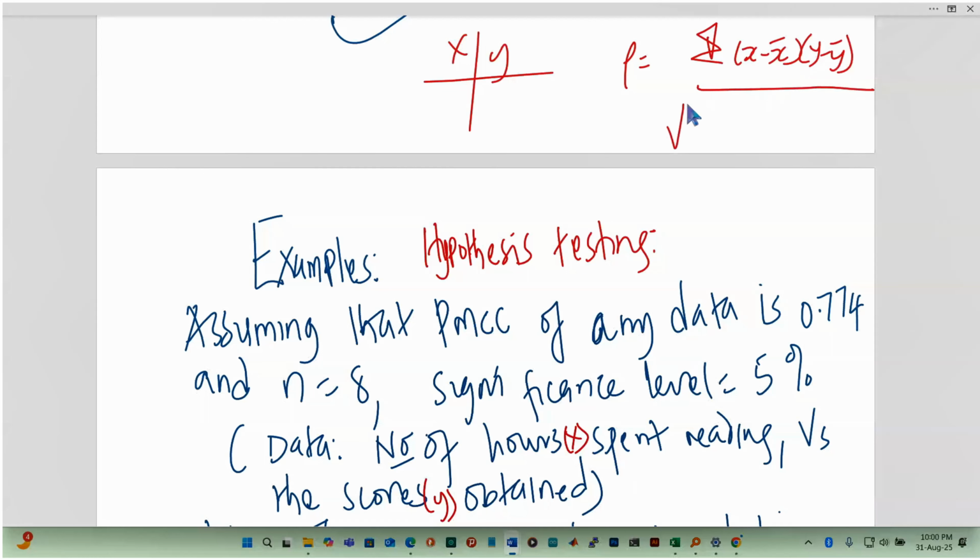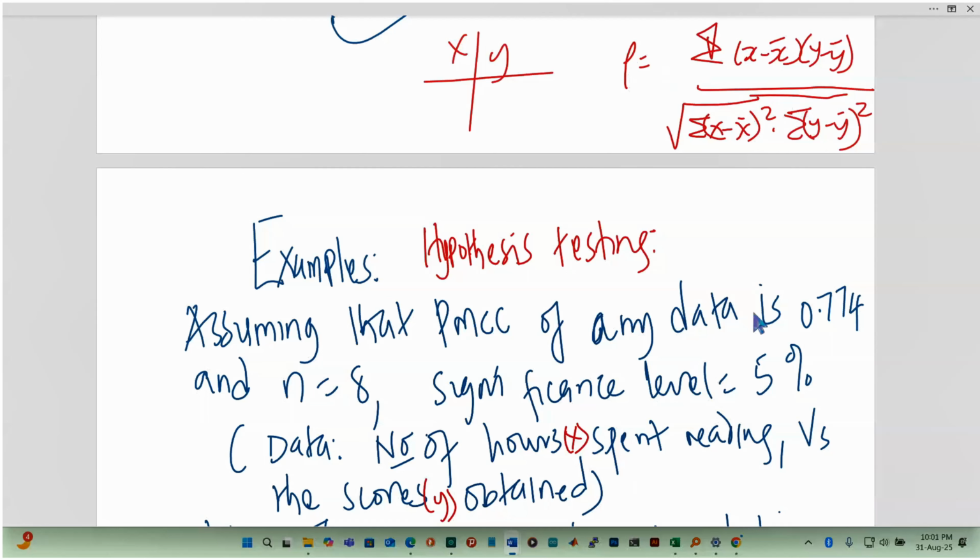Then you divide by the square root of the sum of (x minus x bar) squared times the sum of (y minus y bar) squared. Then you take their square root, then you calculate for that r.